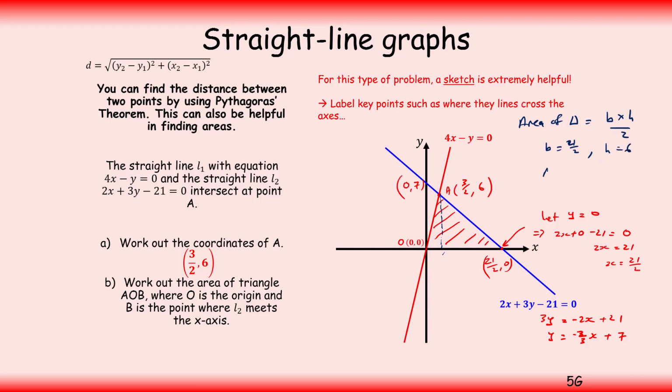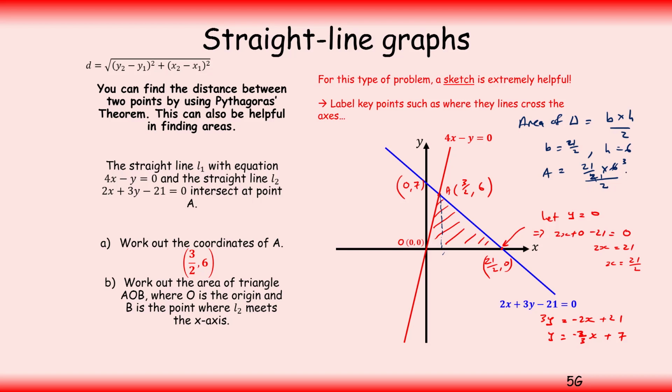So the area is going to be equal to the base, 21 over 2 times 6, all divided by 2. Okay? Now, if we work on the numerator first, 2 goes into 6 3 times. 3 times 21 is going to be 63.